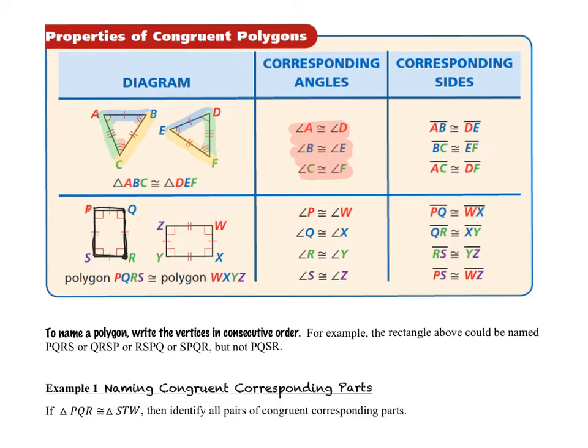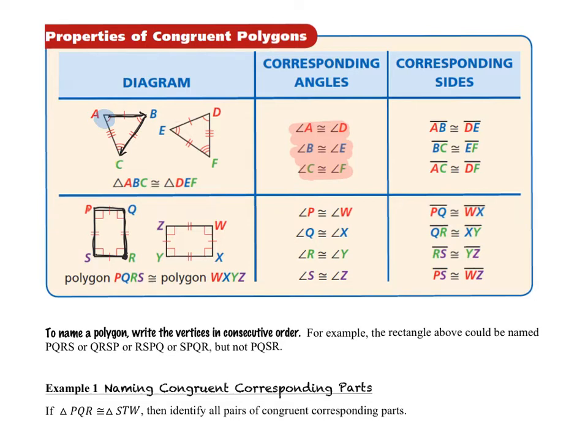Okay, and when you're naming two figures being congruent to each other, make sure you do so in the correct order. So let me show you what I mean. If I start with angle A in this triangle up above and I decide to name this triangle A, B, C, I want you to notice that I went from the first arc mark.